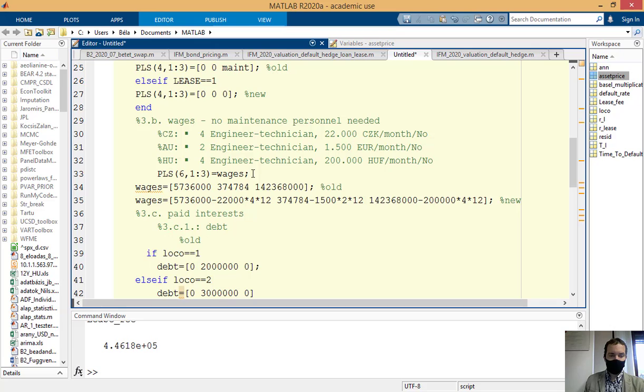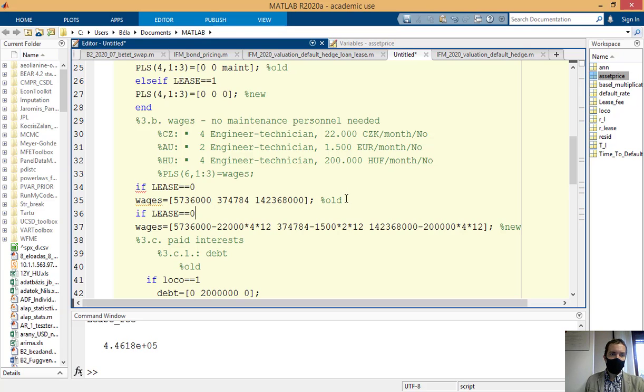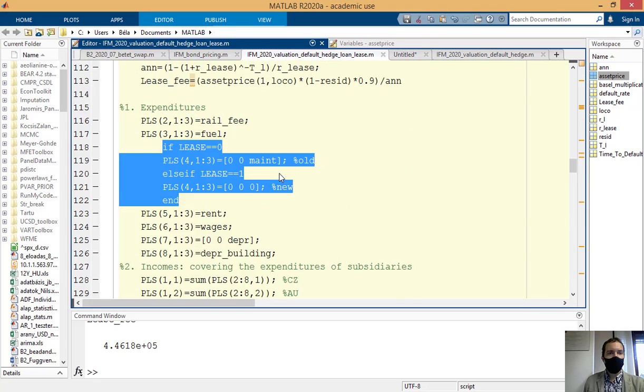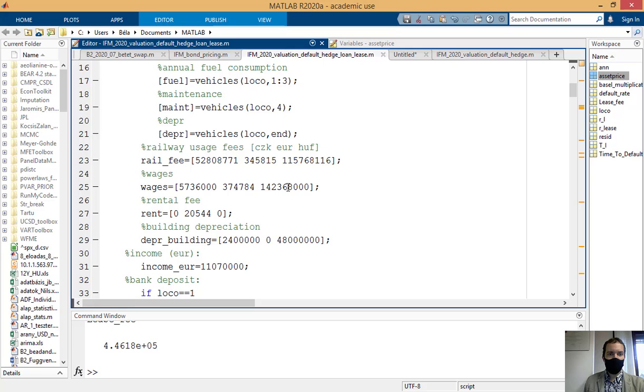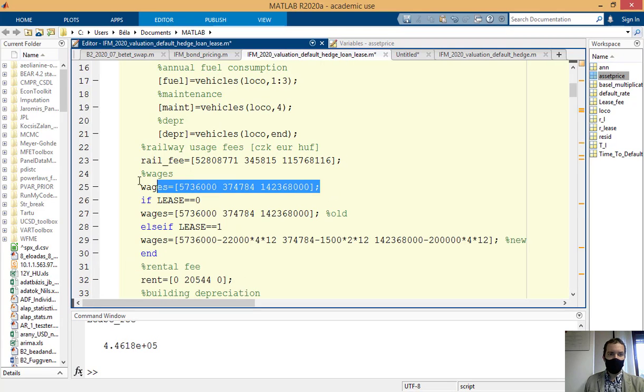Wages. So actually we know that we don't have to modify the PLS here because it's feeding from elsewhere. Wages was somewhere at the beginning. Yeah. So now it looks like this.